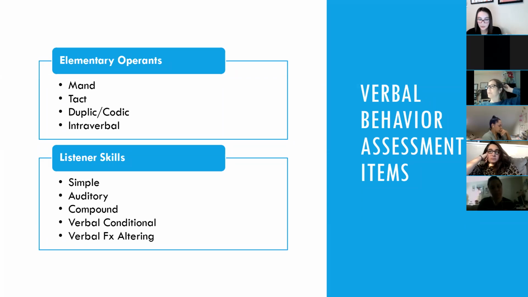So don't worry too much about those for this presentation, but just know that this is the range of complexity that you may be assessing in clients. A majority of clients in the ABA field right now are the very early learners. So a lot of your assessments will really focus on that elementary operants, and then the more simple auditory listener skills.